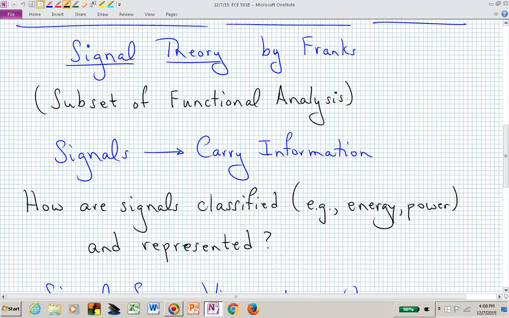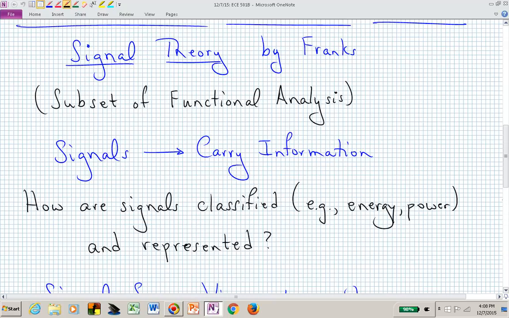Now, whenever you hear signal theory, you might start to think vector, and you might make this connection between a signal and a vector in the sense of signals carry information just like a vector can carry information. The information in a vector, its components or coordinates, tell us something about that vector.